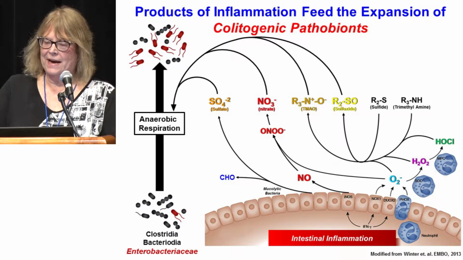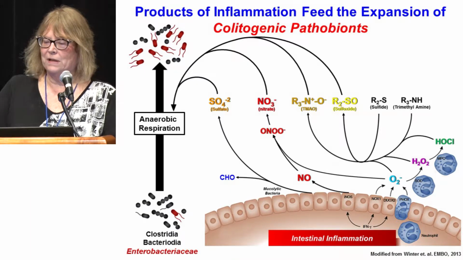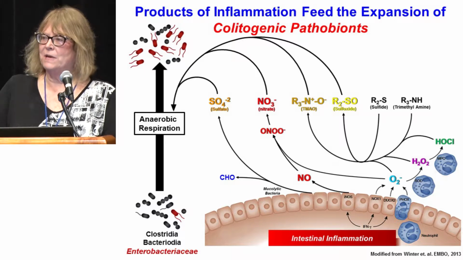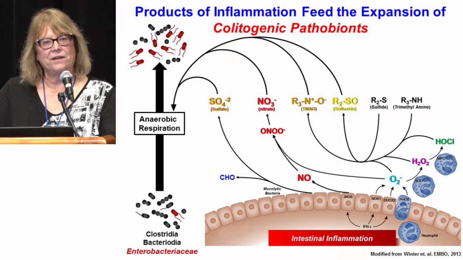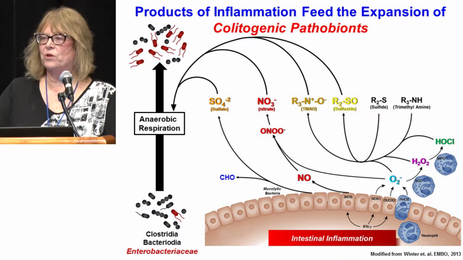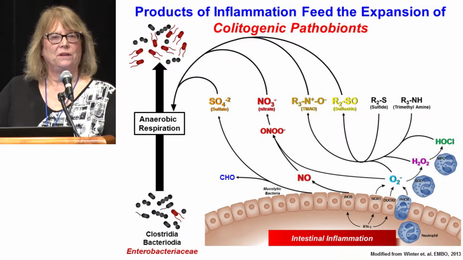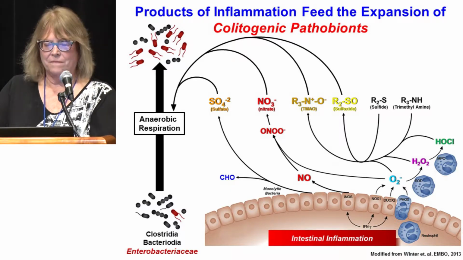So as soon as you have inflammation in the gut, an increase in permeability, and oxygen metabolites, you will get an outgrowth of pathobionts, or Enterobacteriaceae in the Proteobacteria, and you will lose your anaerobes.